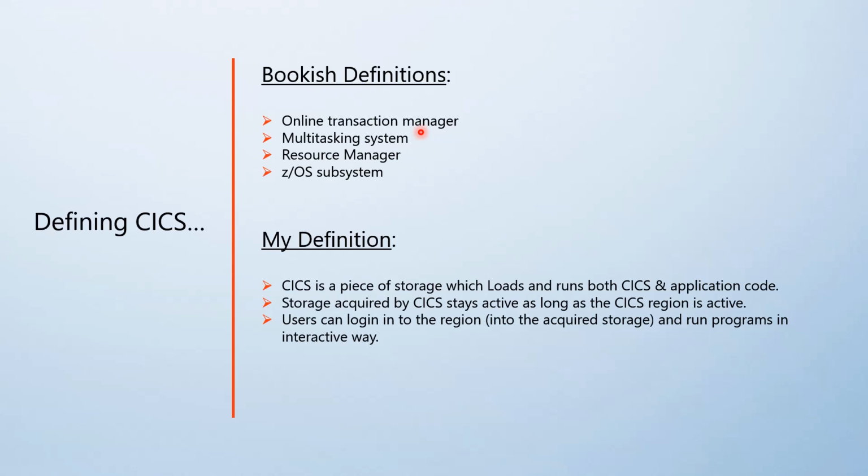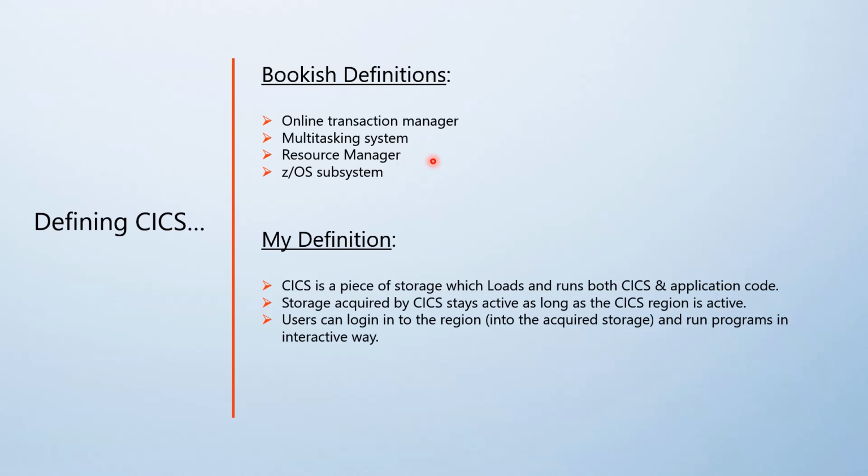And having said that, many users can run a number of transactions. So that way they refer to it as an online transaction manager, and CICS is also referred to as a multitasking system, wherein multiple transactions can be triggered at any given point of time.